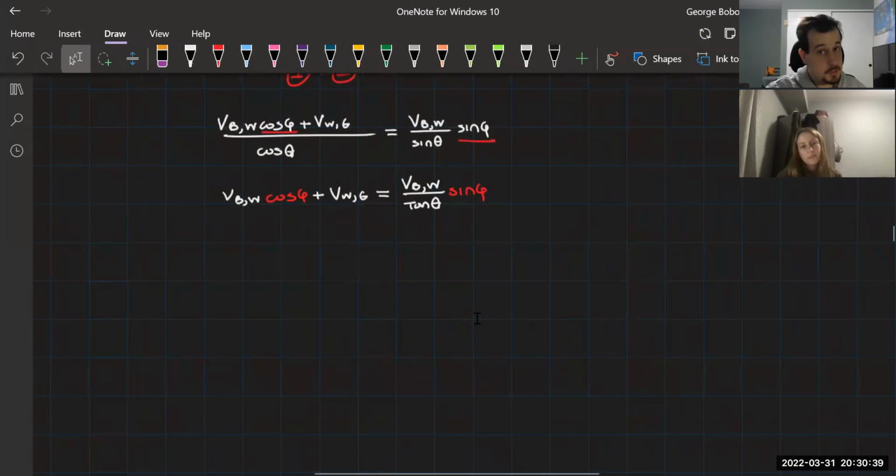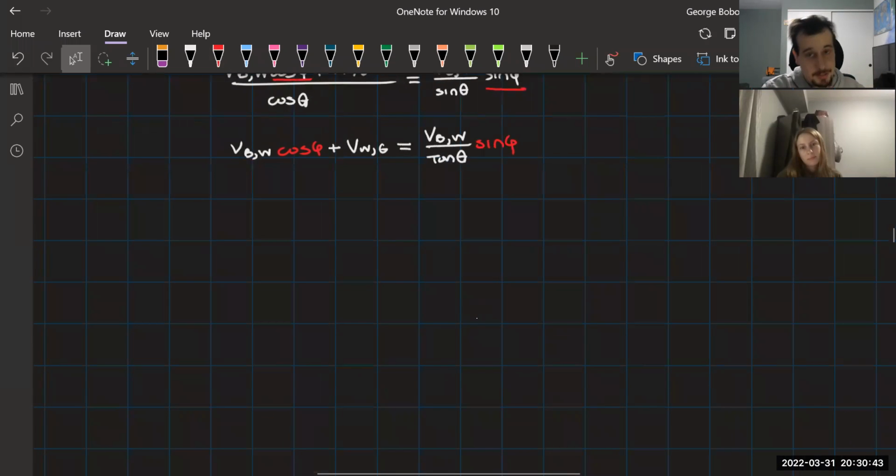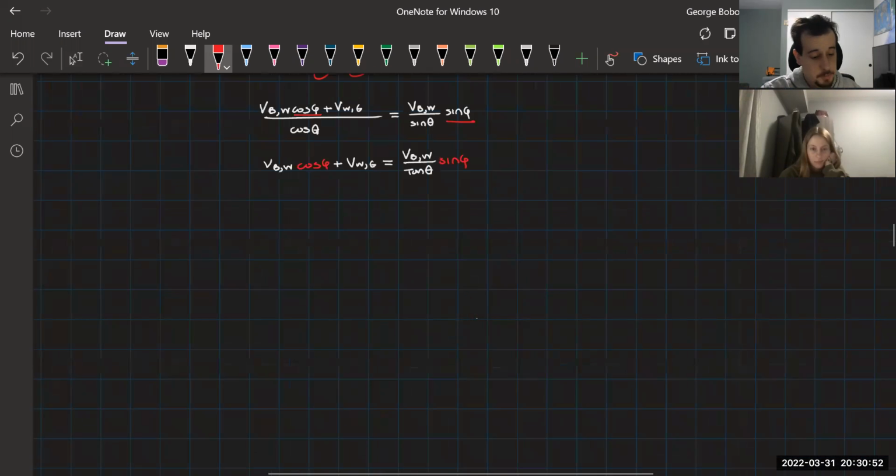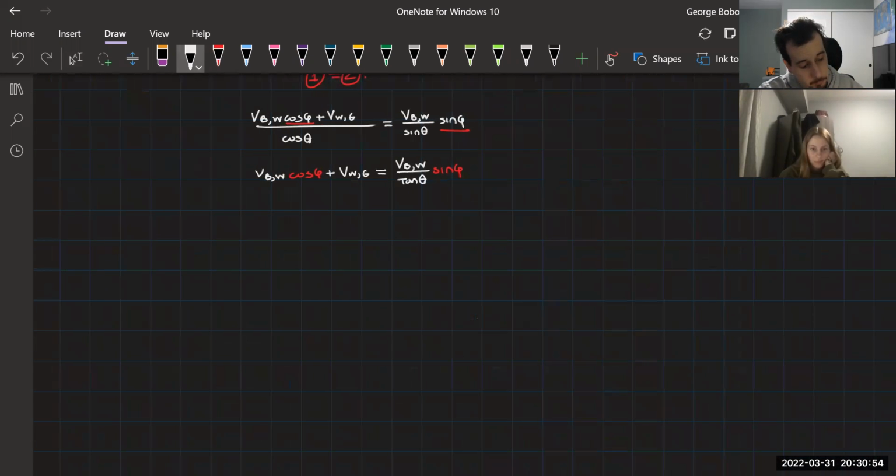So, okay, it looks like, again, this was a mistake on their part, and it becomes a nonlinear equation that you can solve if you're really adventurous. So let's put the values that we have. VBW is 25. Then we have cos of phi.